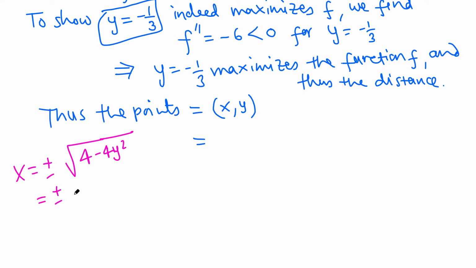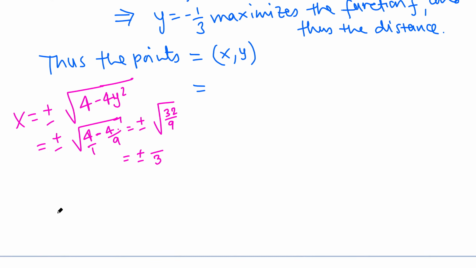That is plus and minus √(4 - 4 times (-1/3)²). (1/3)² means 1/9. 4 times 1/9 means 4/9. Plus minus, we can combine these two because 4 is 4 over 1. So 9 common denominator, 9 times 4, 36 minus 4, 32 over 9.